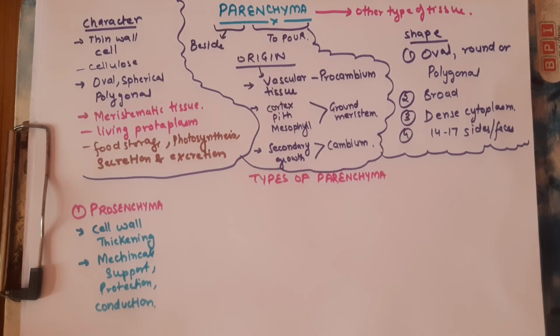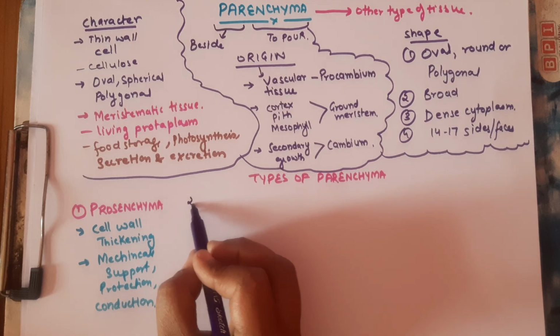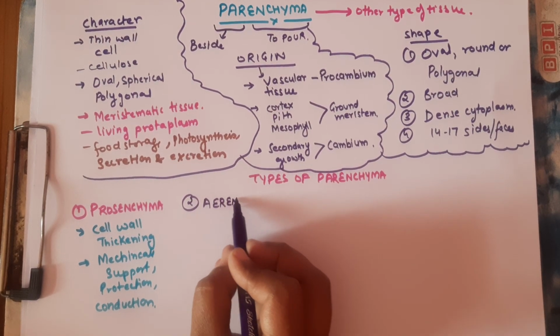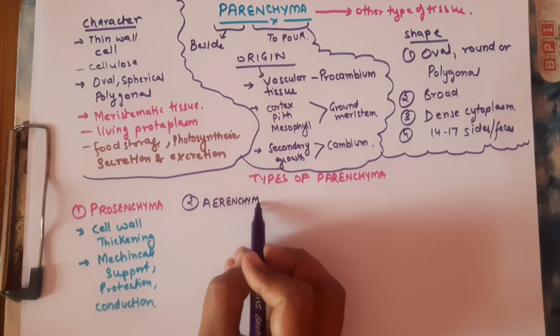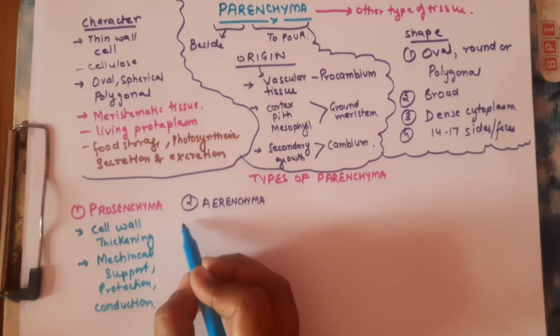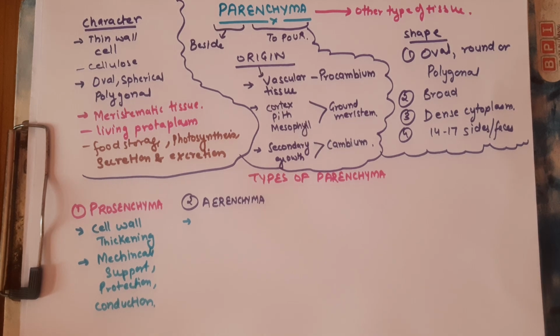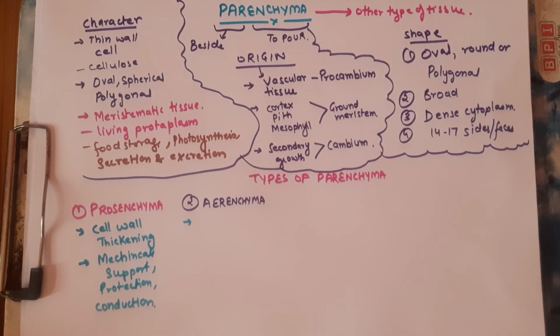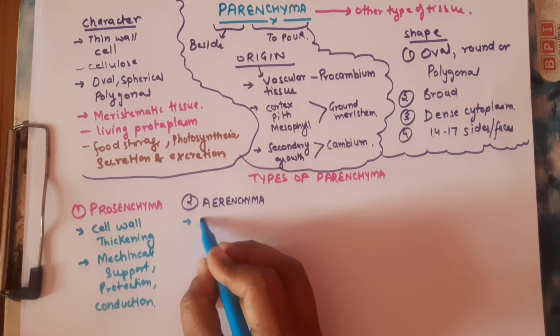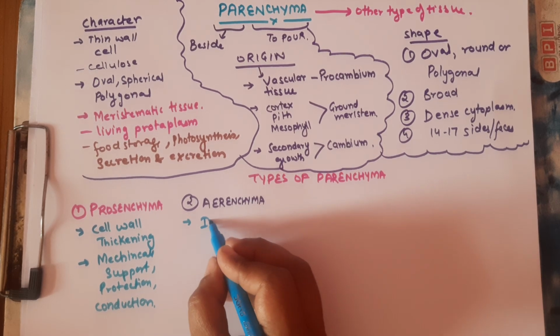The second type of parenchyma is the arenchyma. Aer means air, right? In the hydrophytes, which are plants growing in the water, the parenchyma will bear large and abundant intercellular cavities.